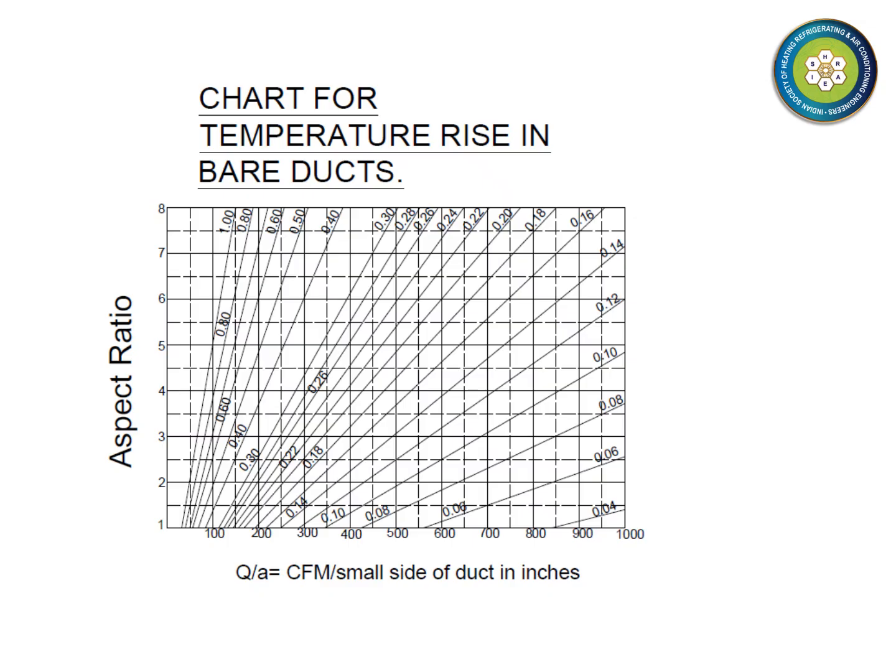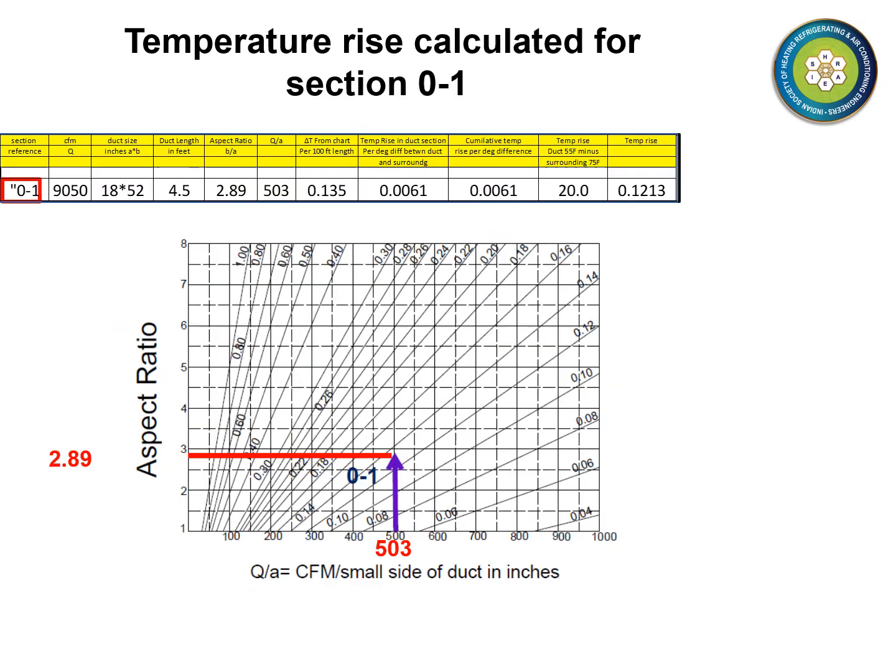Shown on this slide is the chart that we will use for finding the temperature rise per 100 feet of a bare rectangular duct. Using the chart, we first tabulate the data pertaining to section 01.